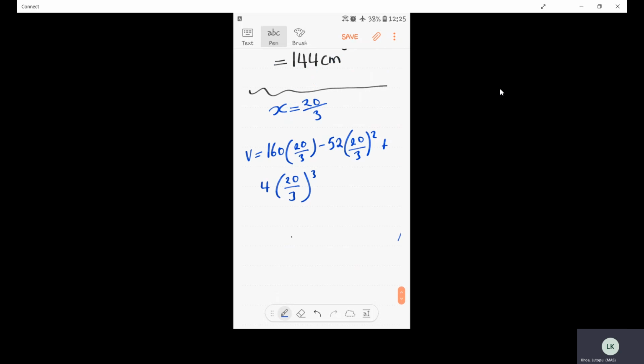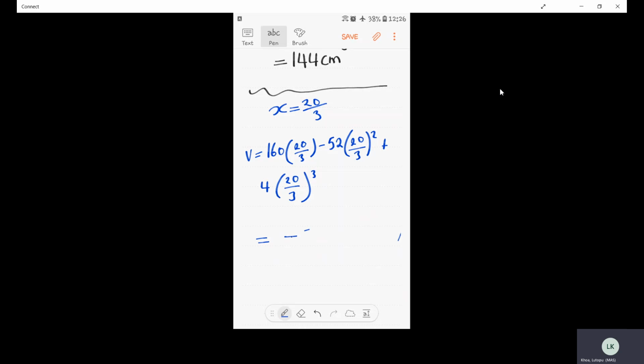So again, this you do on your calculator. Okay, and we get a negative value.